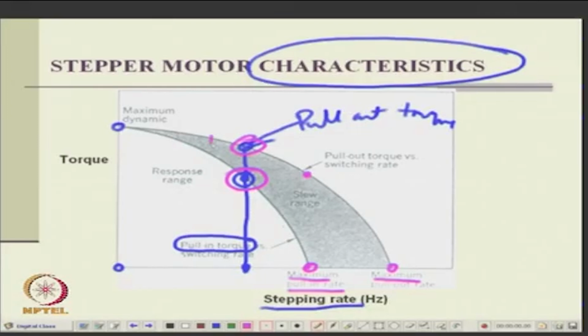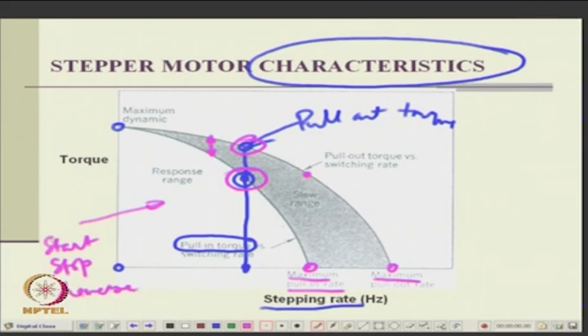Now, there is a difference between pull-in torque and pull-out torque. In the pull-in range, it can start, it can stop, it can reverse, all these things it can do.